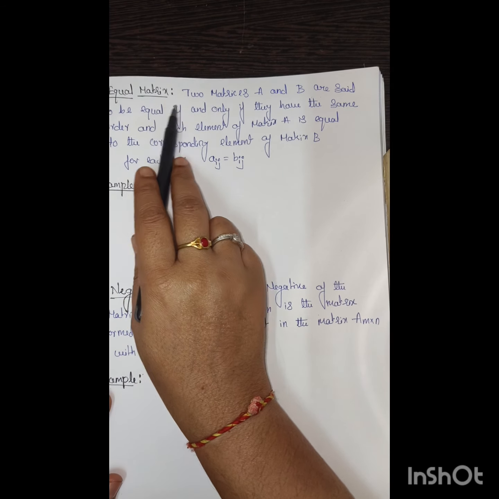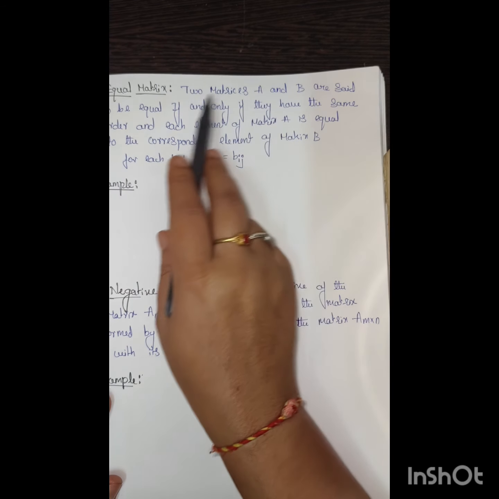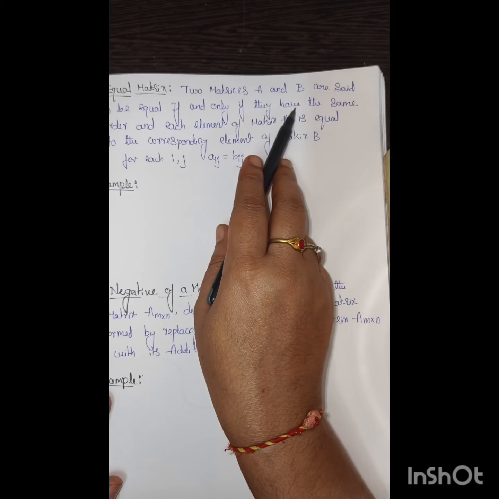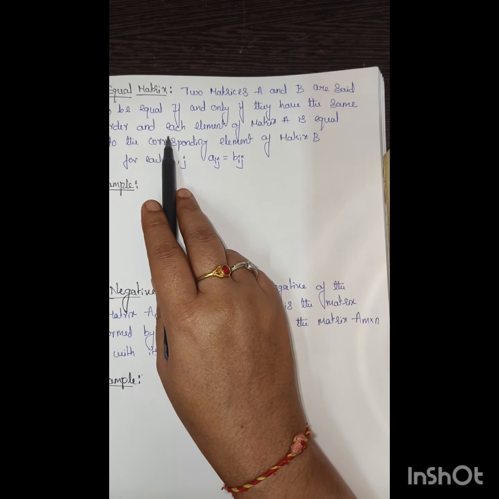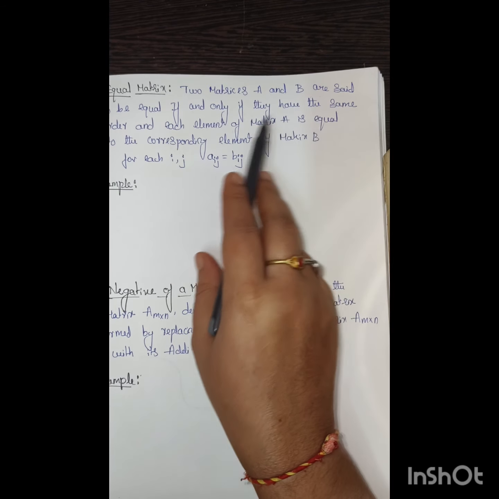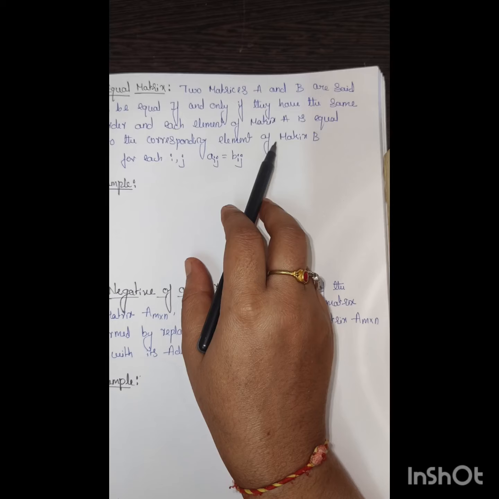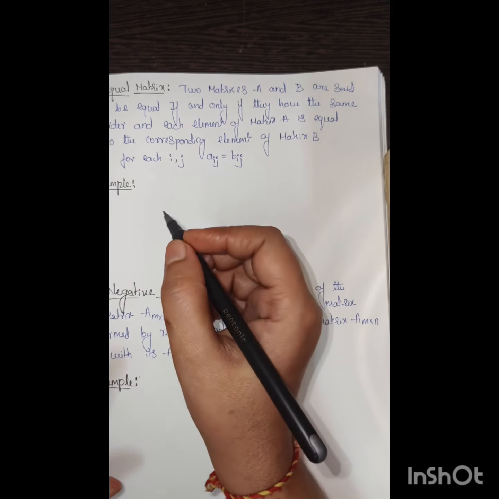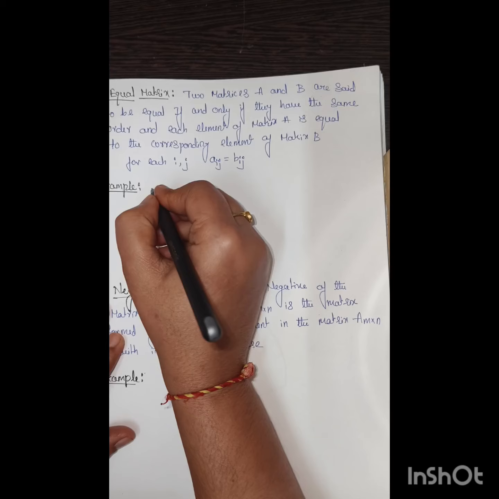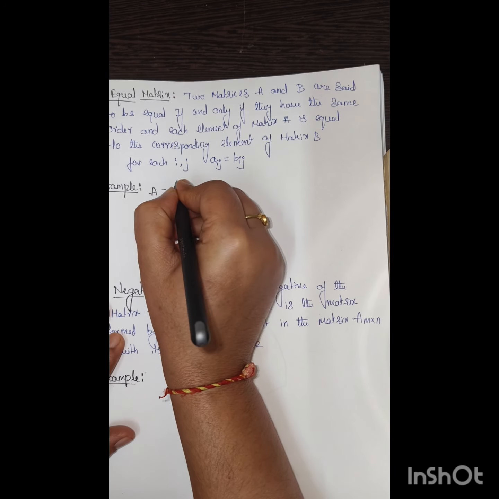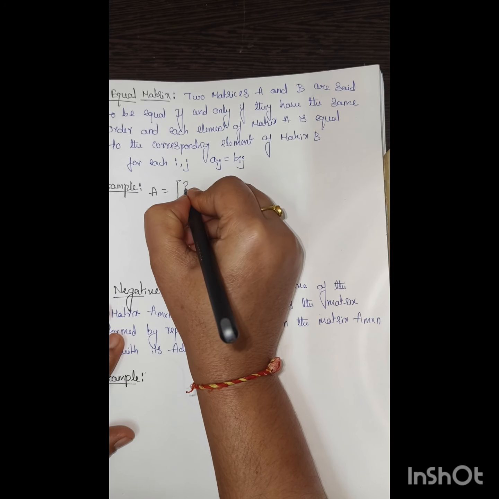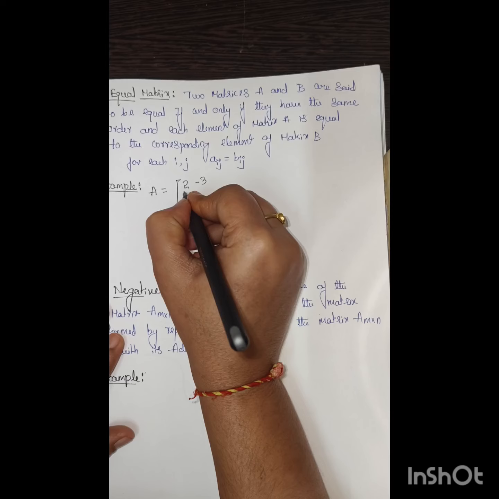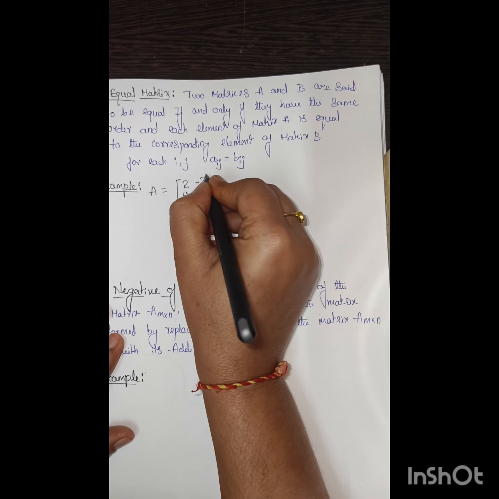Next is the equal matrix. Two matrices A and B are said to be equal if and only if they have the same order and each element of matrix A is equal to the corresponding element of matrix B. Then only we call it an equal matrix. I will give an example here. A equals 2, minus 3, 4, 5.